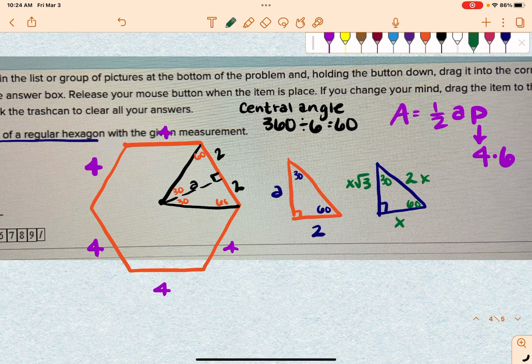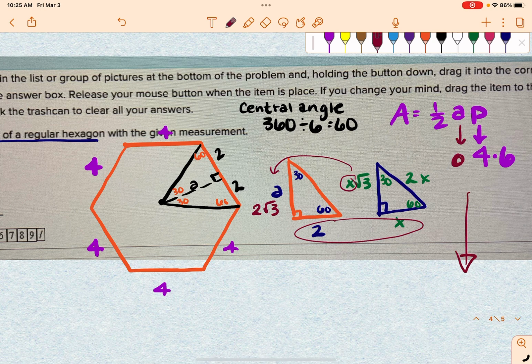So if I look right here, I can see that the x is going to have to be 2. So when I do this one to go over here, that means it's going to be 2 square root of 3. That's your apothem.